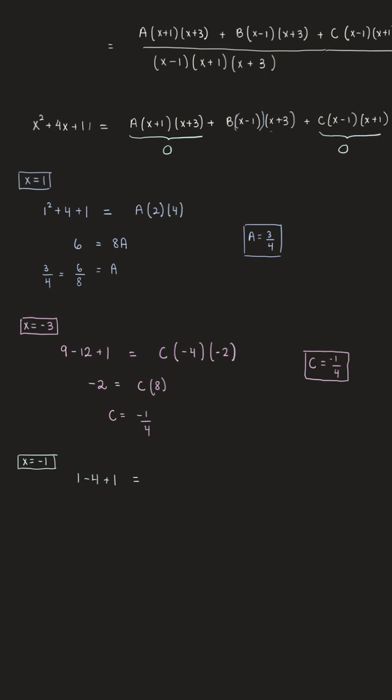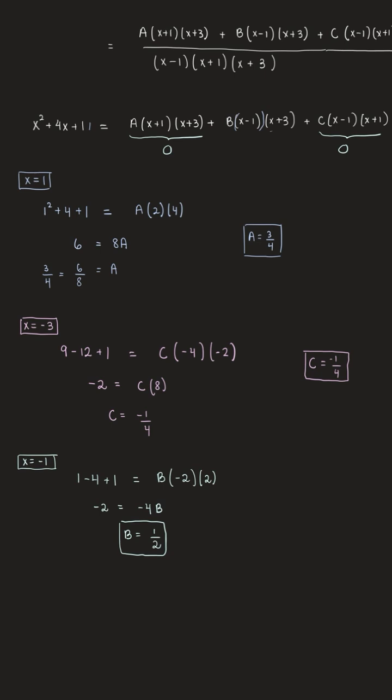So the b term will give us b times, if x is -1, -1 minus 1 is -2, and -1 plus 3 is 2. So that gives us -2 on the left equal to -4b. And so we have a value for b, which is 1/2.